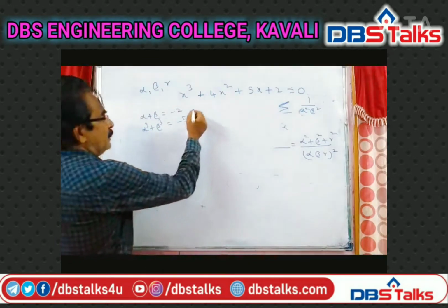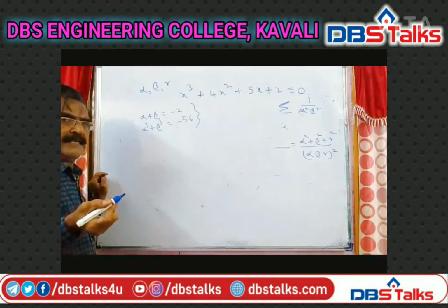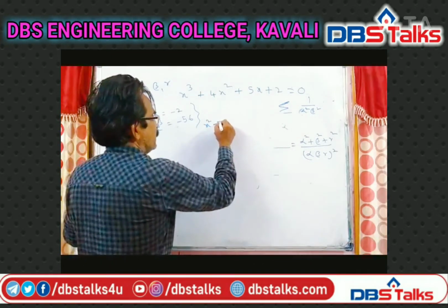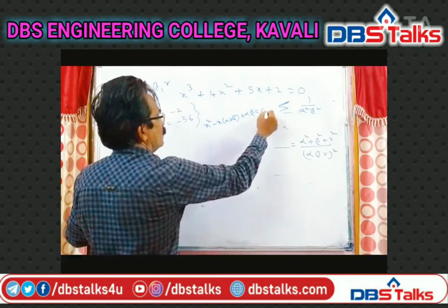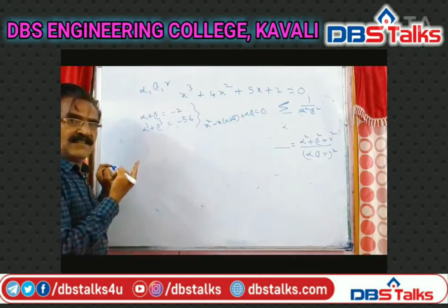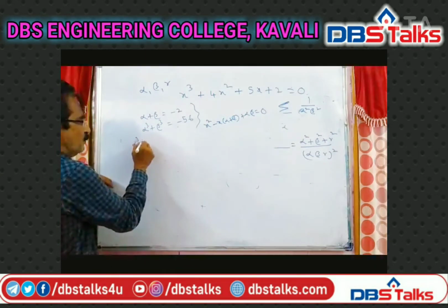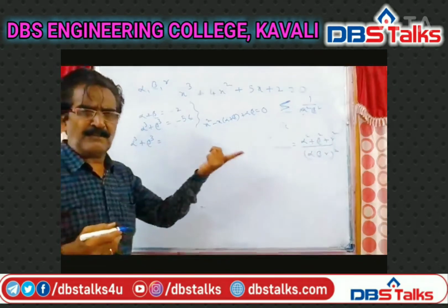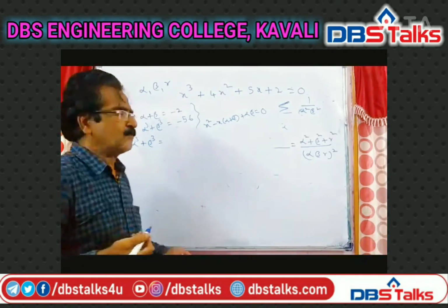The question is to find the quadratic equation whose roots are alpha and beta. That is x square minus x into alpha plus beta plus alpha beta is equal to 0. This was yesterday's problem. In finding it out, we know a cube plus b cube is equal to a plus b into a square minus ab plus b square.